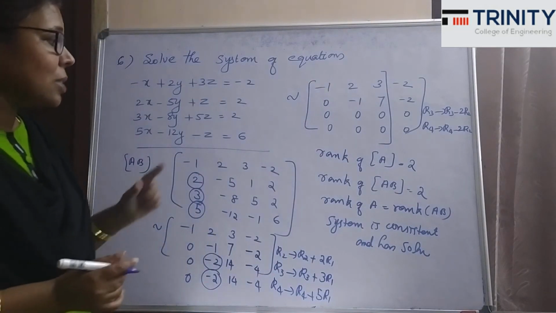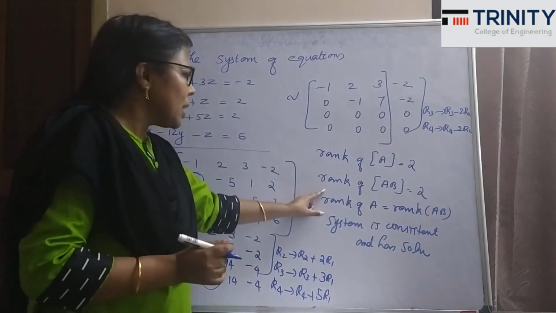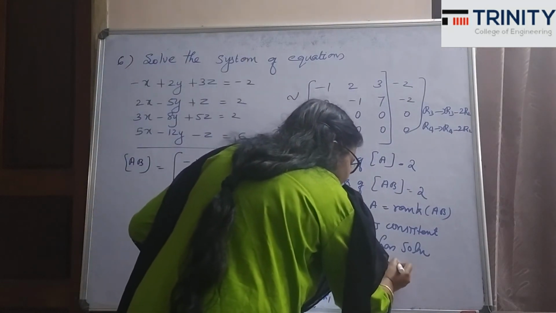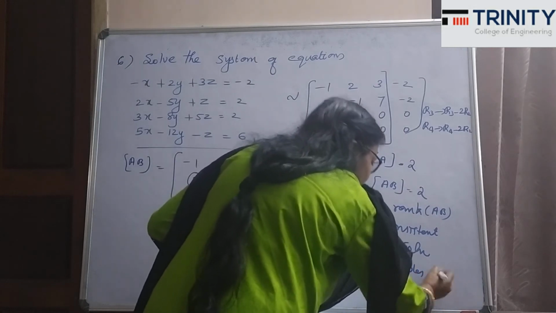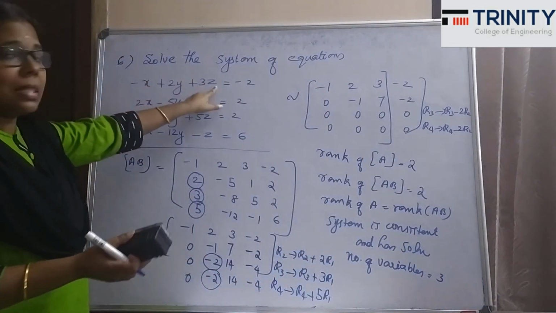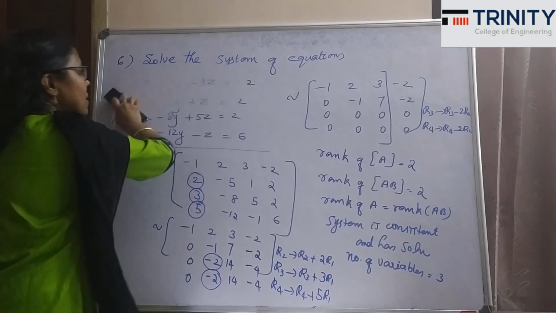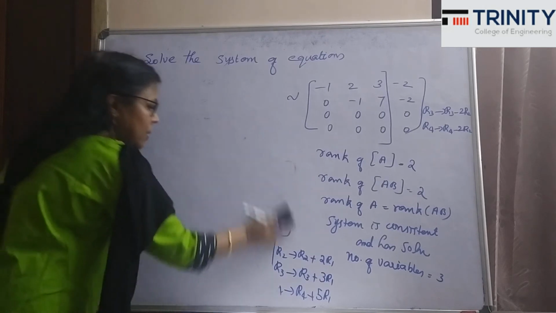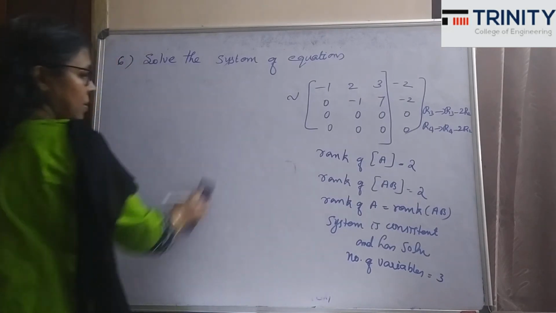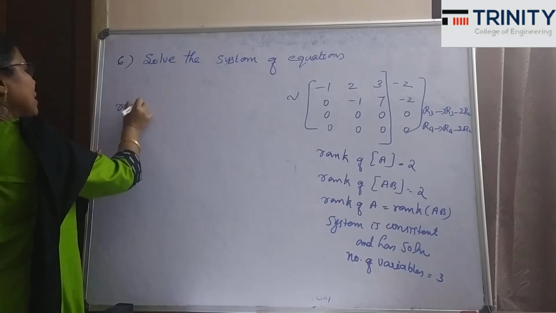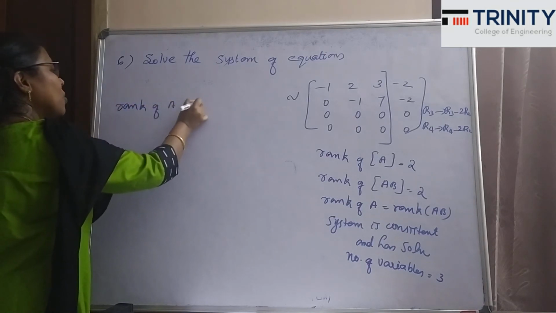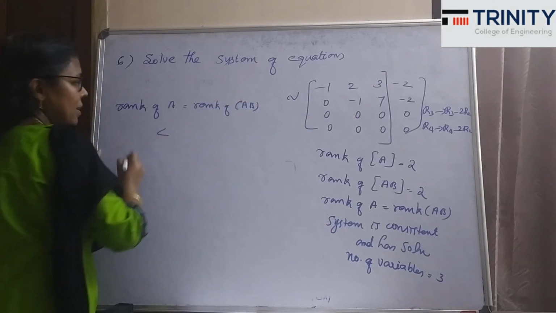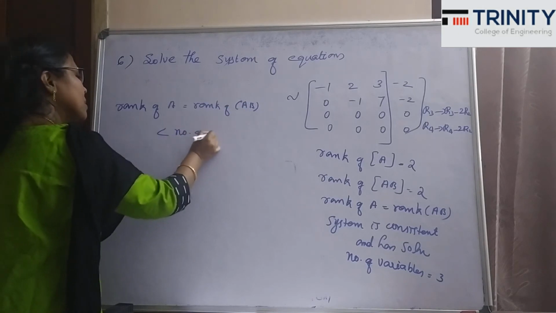Here the system is consistent and has solution. What about the number of variables? Number of variables is 3, x, y and z. Here rank of A is equal to rank of AB, but less than number of variables.